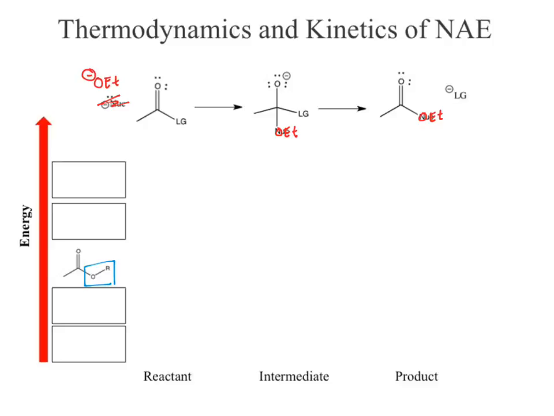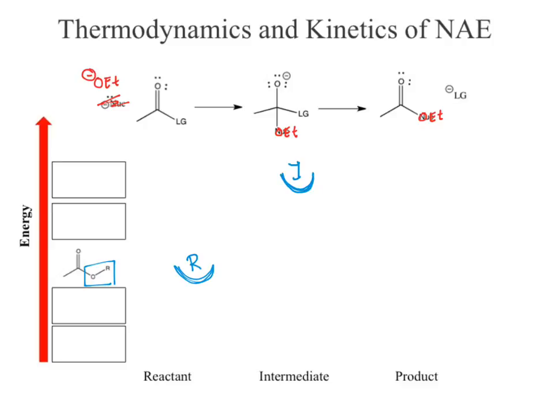It's that OR. Since we don't know anything about its energy yet, we'll just draw it in as our general reactant energy. Our intermediate, higher or lower energy? Why is it higher? It's charged. So we're looking at our neutral starting material, our ester, with our now charged intermediate, which should be higher in energy.